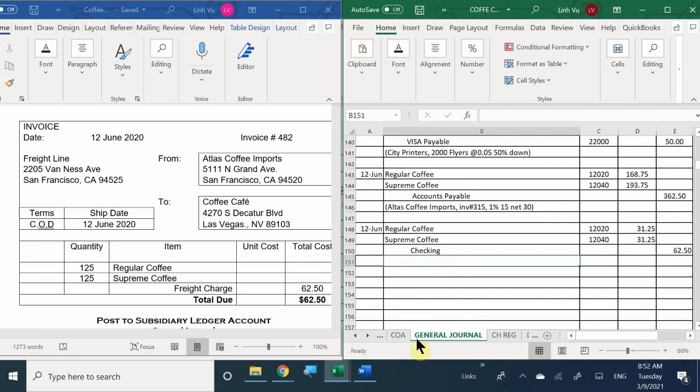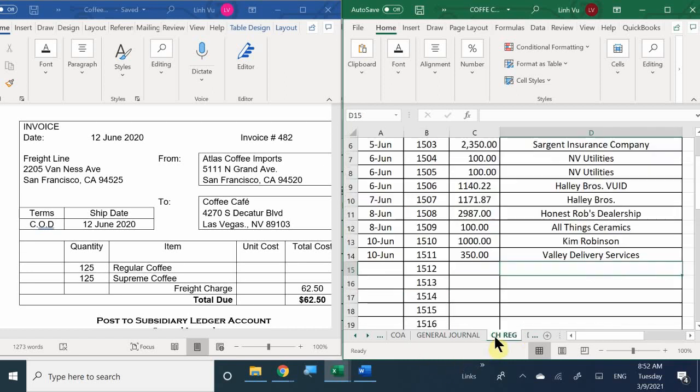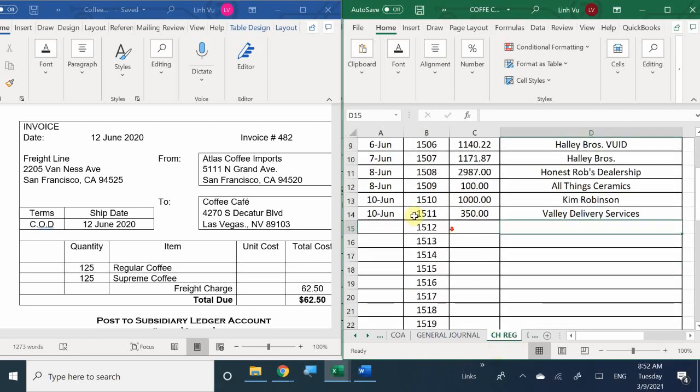So therefore, let's go to our check register and write in our check here. June 12th, I wrote a check on 15/12 for $62.50. And who did I write this out to? Freight Line.